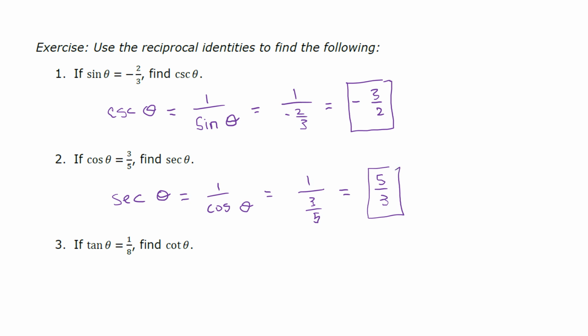Number 3, if tan theta equals 1/8, find cotangent theta. Well, cotangent theta equals 1 over tan theta. If tan theta equals 1/8, then cotangent theta equals 8.